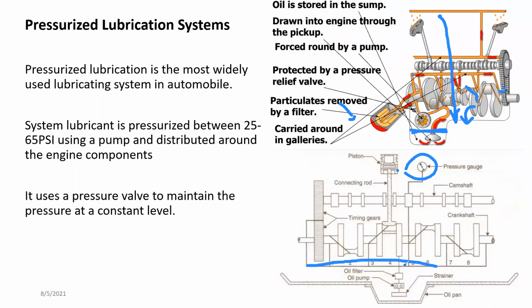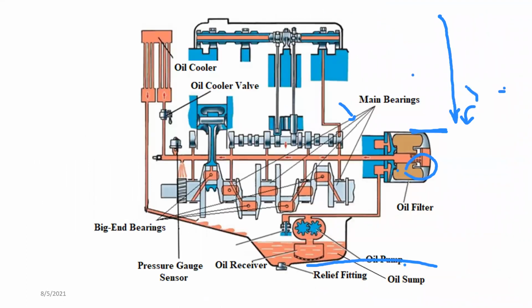If you look at any engine, if you can find the pressure switch or the pressure gauge sensing unit, that is where your gallery will be. Okay, so once everything is completed, you have something like this.